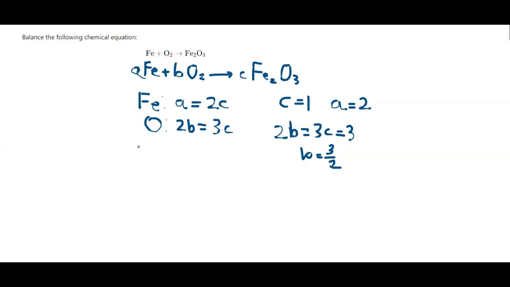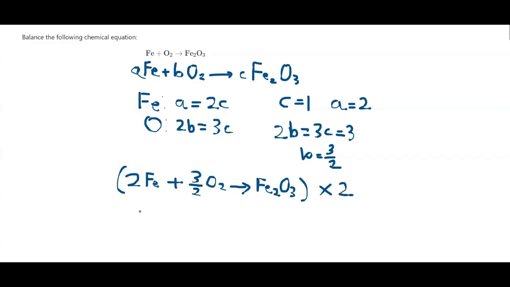So first, I'll just write the equation down here. And all I got to do is multiply all of this by 2.